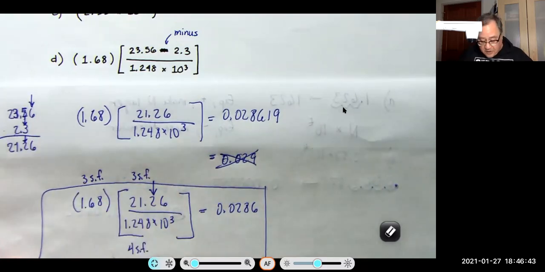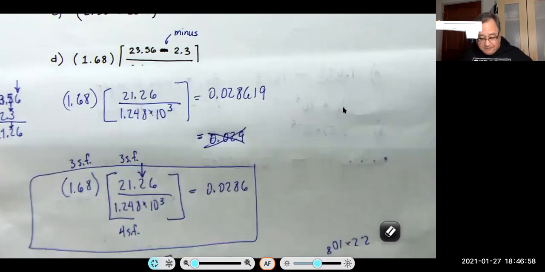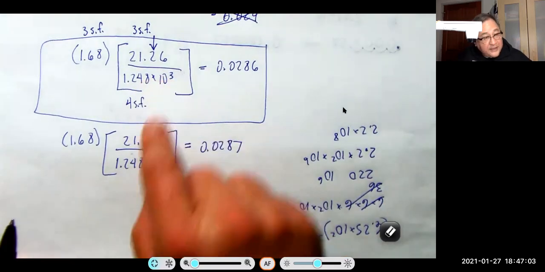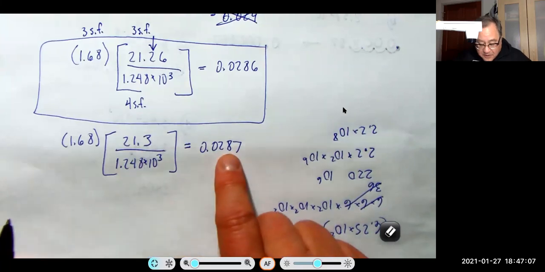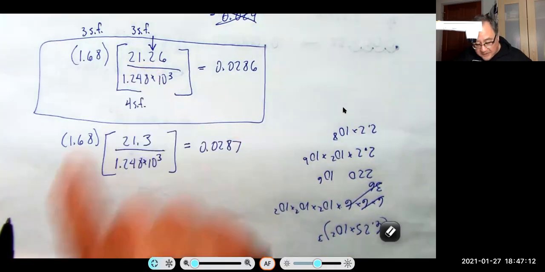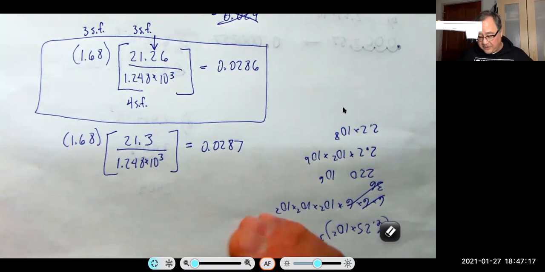So our answer when we multiply and divide is to use the number of significant figures of whichever starting number has the fewest. So we get 0.0286, 3 sig figs because of that and that. And the reason we don't round the 21.26 early is because if we do something like that, there is the chance that it might bump the number up a little bit, because this is larger than that. And our answer might end up being a little bit larger than it should be. So that's why we don't round early.